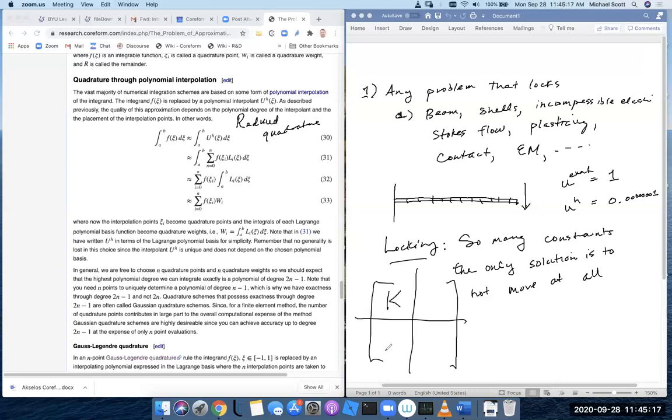Here's a matrix. These are the matrices that come out of these kinds of problems. This is kind of the canonical matrix, all right? This guy right here is usually symmetric positive definite, so this guy's in good shape. These guys right here, we sometimes call B the constraint matrix.